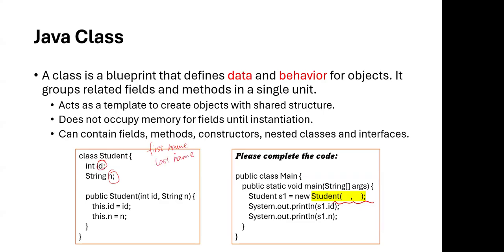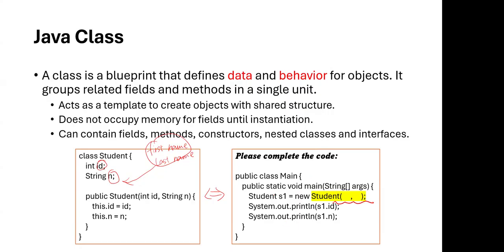I think both of these can go into the String n. In this case, you are still missing one parameter. So what is the missing one? When we are creating objects, everything should match together. Or can anybody help Aiden? Yeah, the ID.